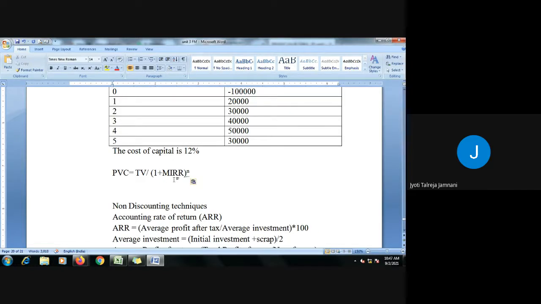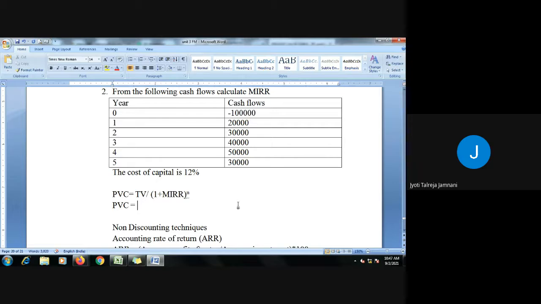Okay. So first we find the PVC. PVC is nothing but present value of cost or initial investment. So your initial investment is 1 lakh into present value interest factor at 12%. They've told it is 12% for year 0. So anything for year 0, I told you, is equal to 1 if you look at the table.